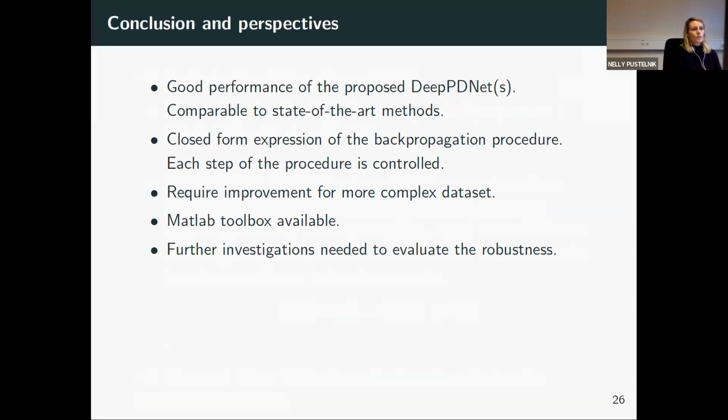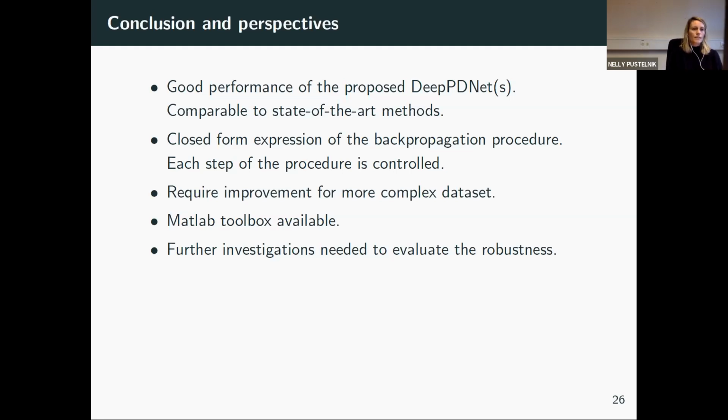So to conclude, we designed several deep primal-dual nets comparable to state-of-the-art methods. We have a closed form expression for all the backpropagation procedure, and each step of the global procedure is controlled. The point is that on MNIST, we work very well.